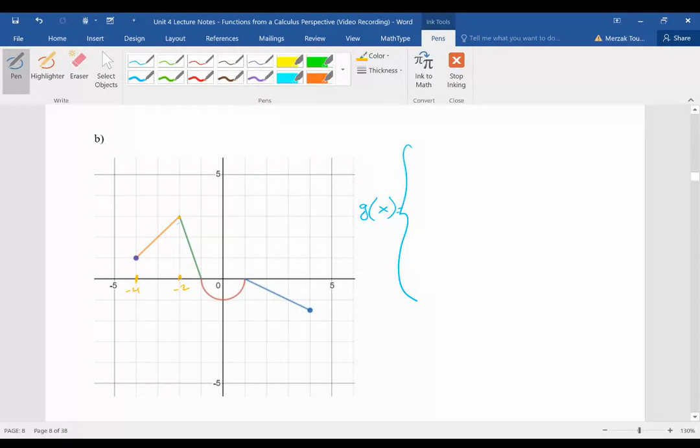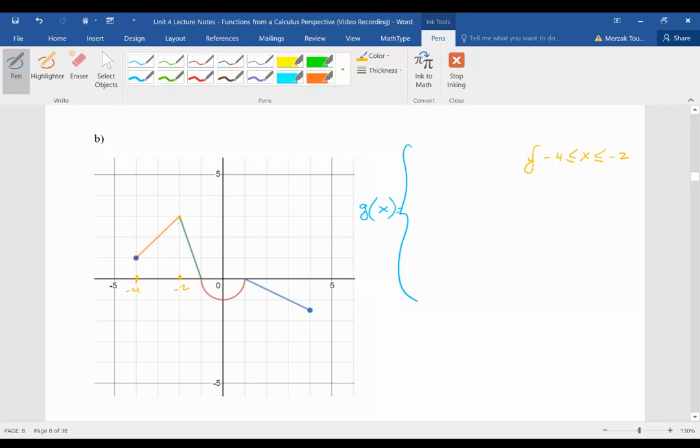So we decide which one we should include it with. I'm going to include it with the orange one, but you could include it with the green one. So the condition for the orange is negative 4 is less than or equal to x, and x is less than or equal to negative 2.